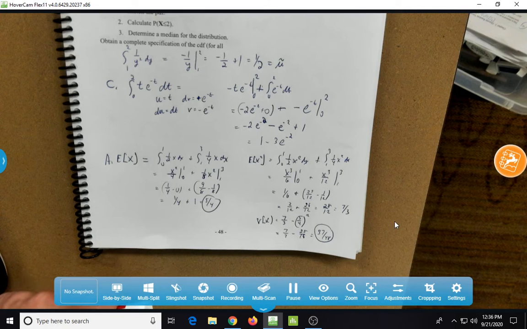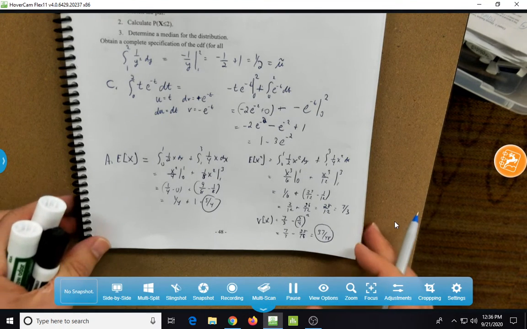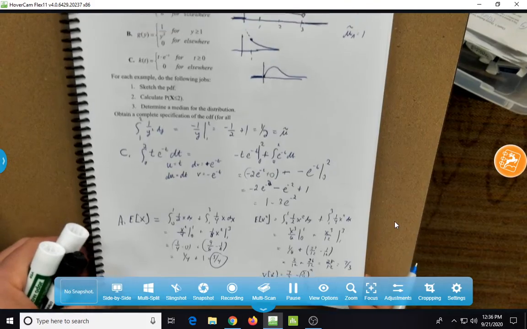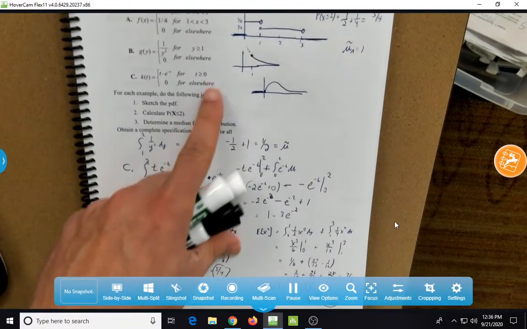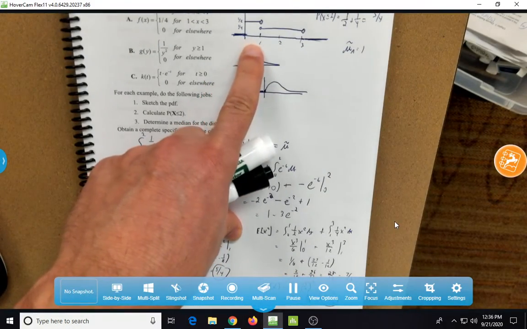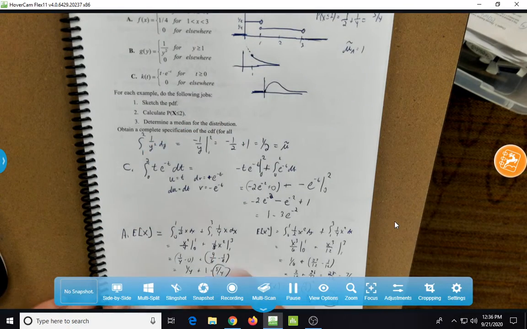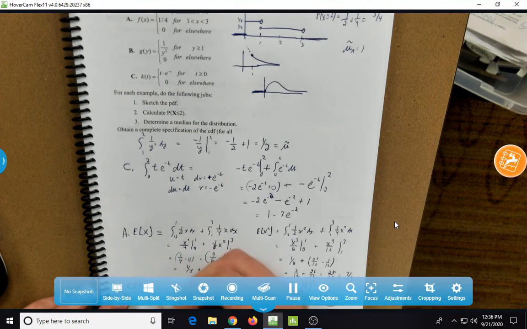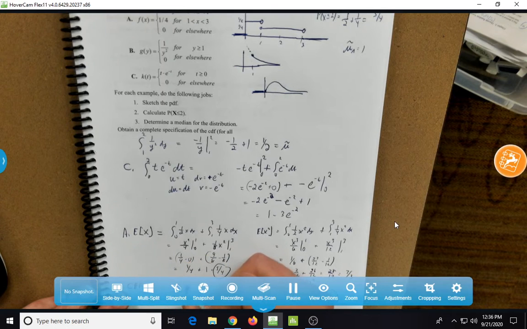All right, while we're here, I should talk about how you'd calculate the CDF for this, because this is kind of important here. The CDF from 0 to 1, well, first of all, for x less than 0, I get 0.